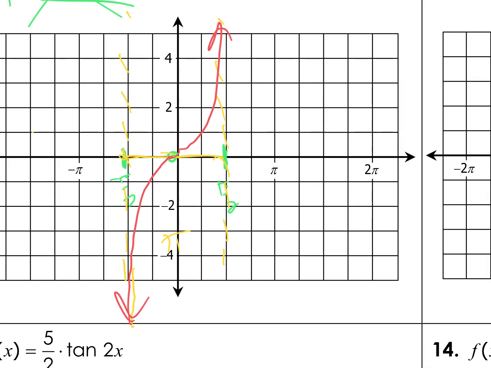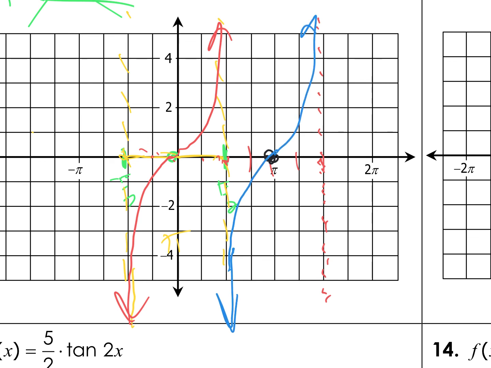I need to go another distance of pi over 2. So it took 1, 2, 3, 4 blocks. So 1, 2, 3, 4. Here's the other asymptote here. And then the middle part is going to be here. So pretend it's the same thing. Start coming from up, go up, cross over there.